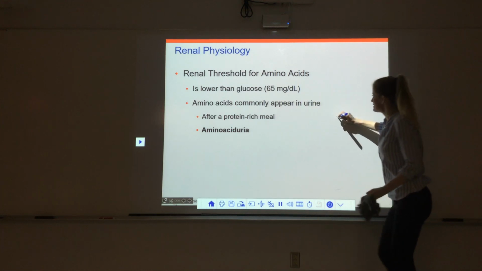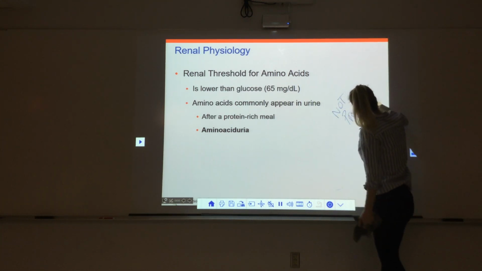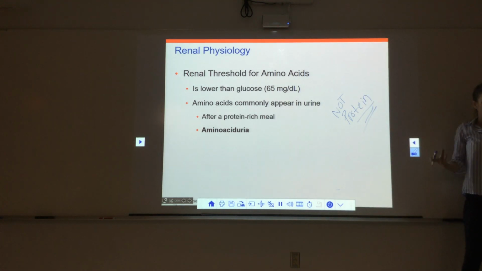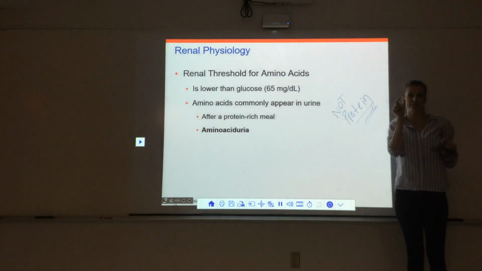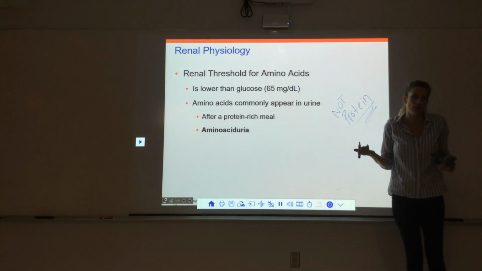Notice, this is not protein in the urine. Proteinuria is protein in the urine. That is a completely different monster. This is a single amino acid. That's small. That gets filtered out. It just means we couldn't reabsorb all of it.